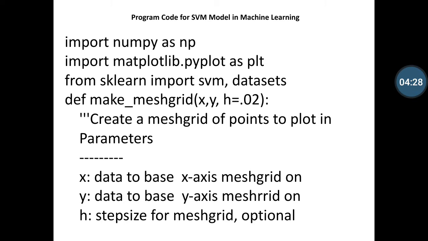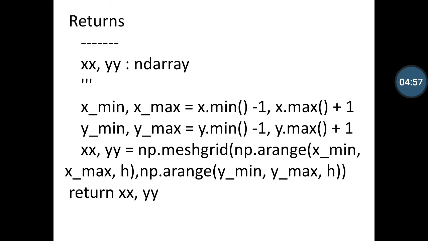Here I define a docstring to describe the values used in the function. x represents the data for the x-axis mesh grid, y is the data for the y-axis mesh grid, and h is the step size for the mesh grid, and it is optional. You can use it or not use it in this code.